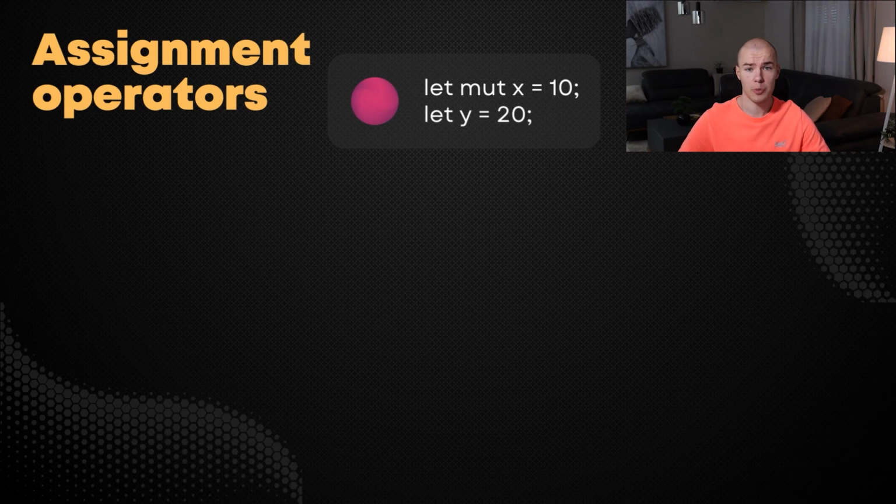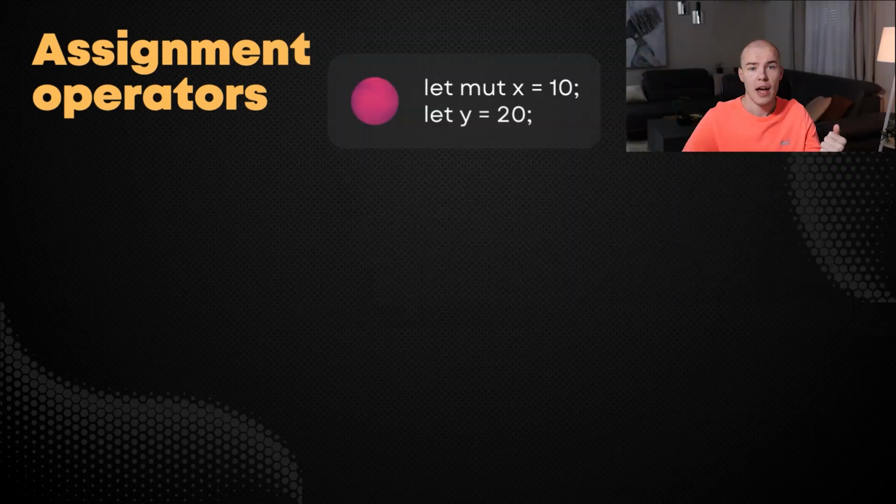And as you can see in our presentation, I've added a couple of variables and assigned some values to them. As you can see, we have a mutable variable x and a value 10 assigned to it, and also a variable y and value 20 assigned to it. So that's basically the stuff we are going to be working with here.